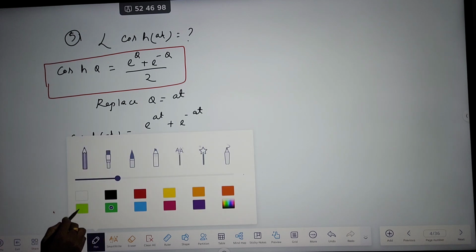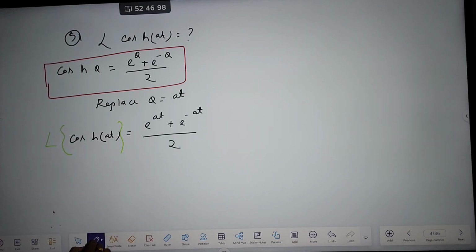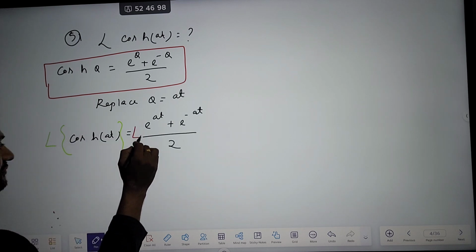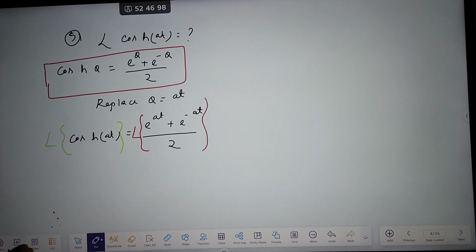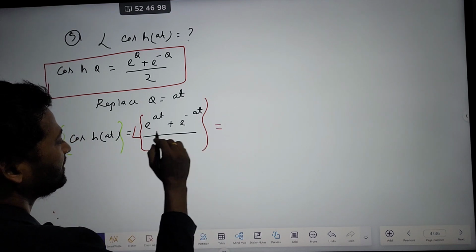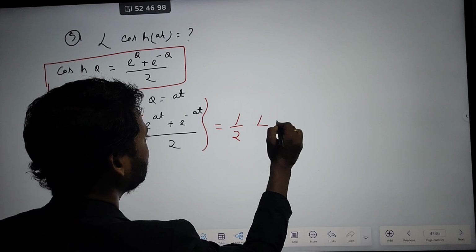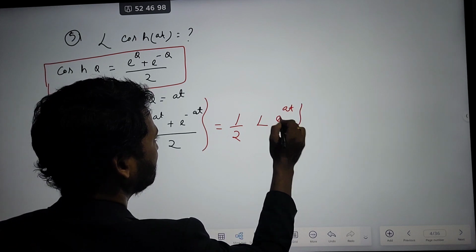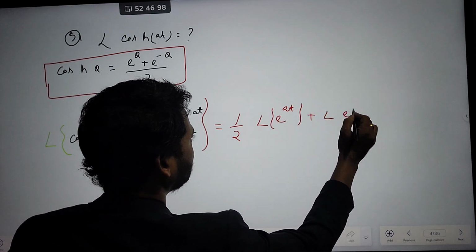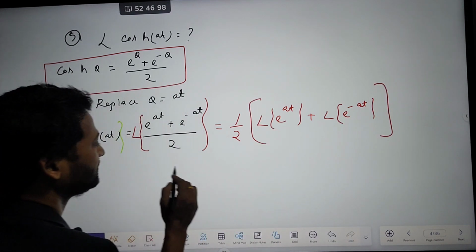Now we can take Laplace of LHS and RHS. So now tell me what is your answer here. Laplace of half will be constant, it comes outside. Laplace of e to the power at plus Laplace of e to the power minus at, then give the bracket.